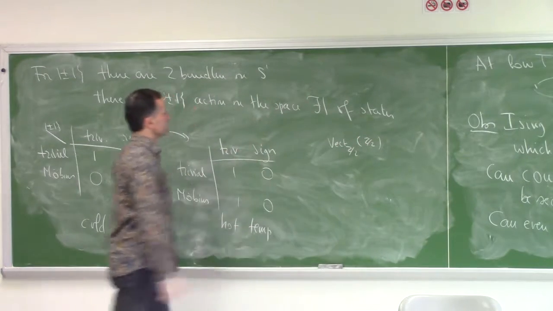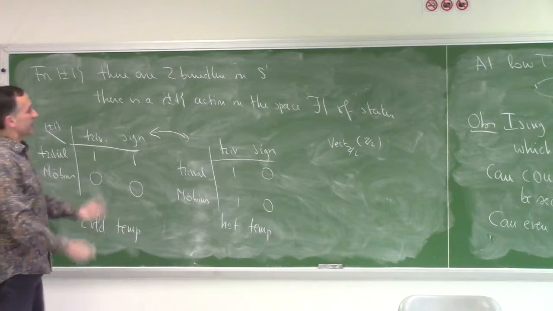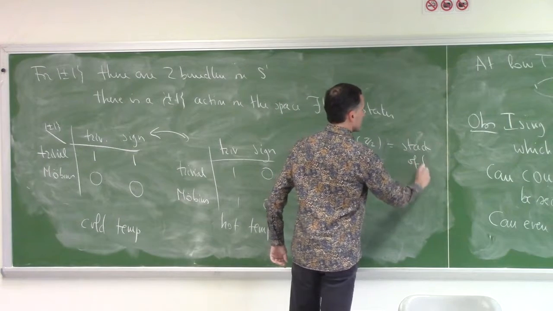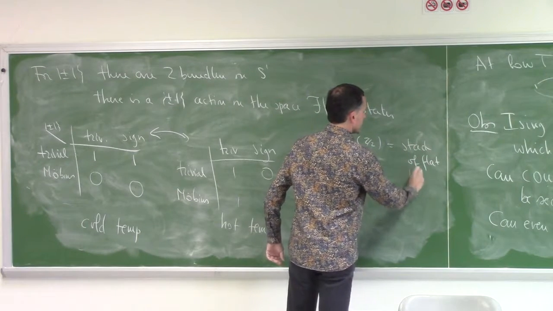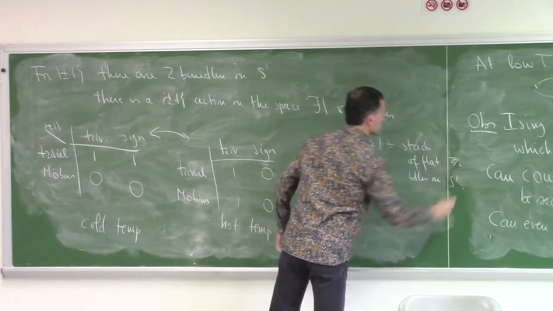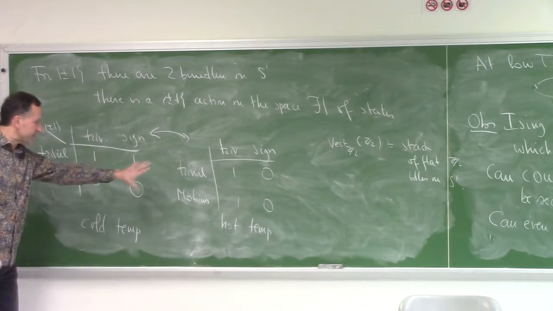The Z2 is the stack of flat bundles on that Z2 bundle. And on that there's a Fourier transform which implements exactly what we've seen.